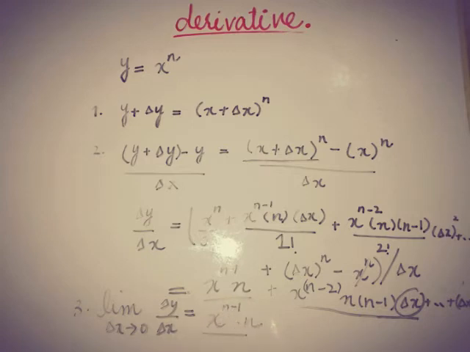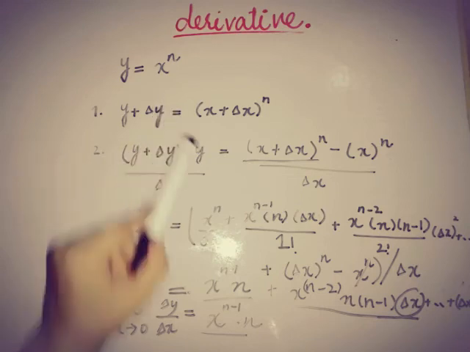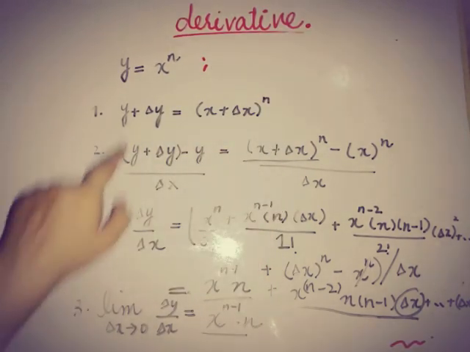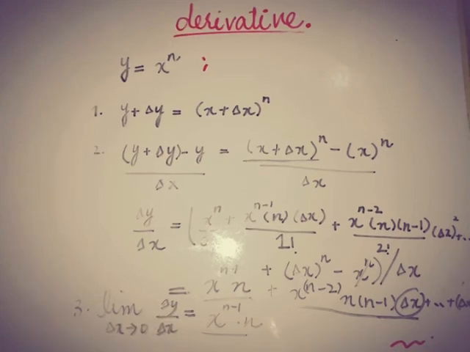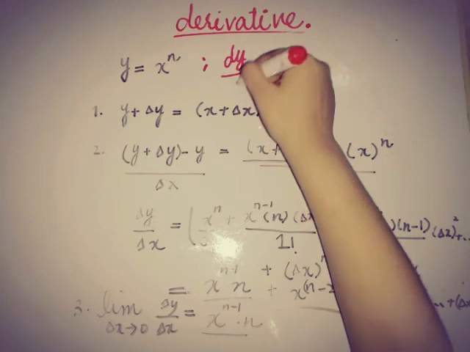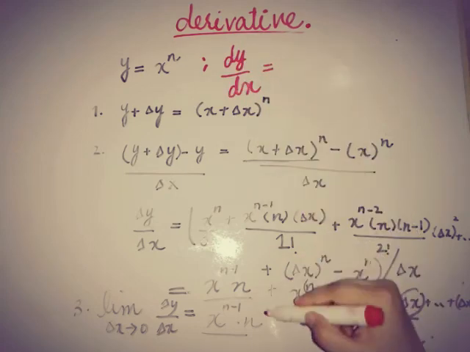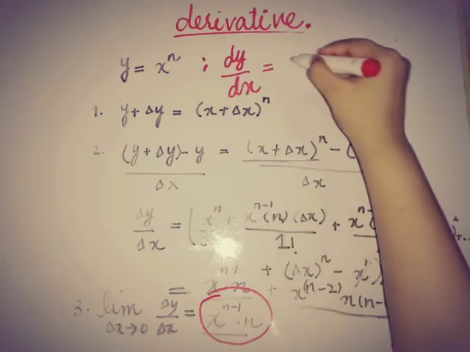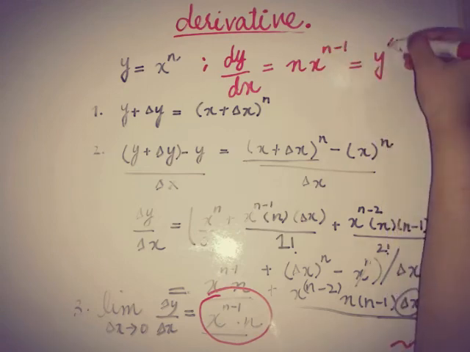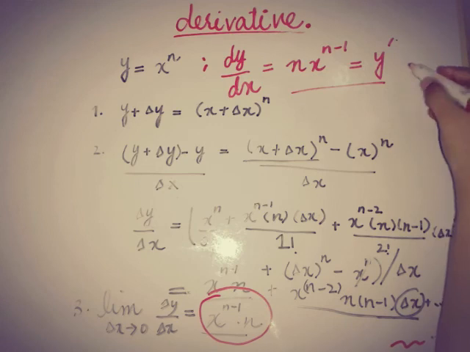So eventually this is our answer for the derivative of y equal to x^n: dy by dx is equal to n x^(n-1), also written as y prime. So this is our answer.